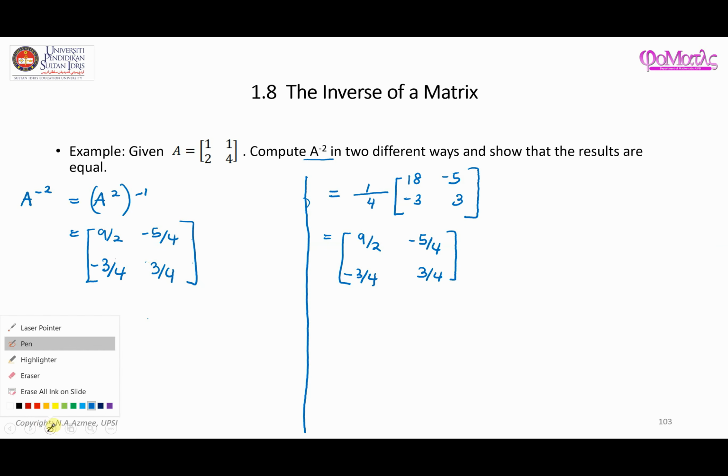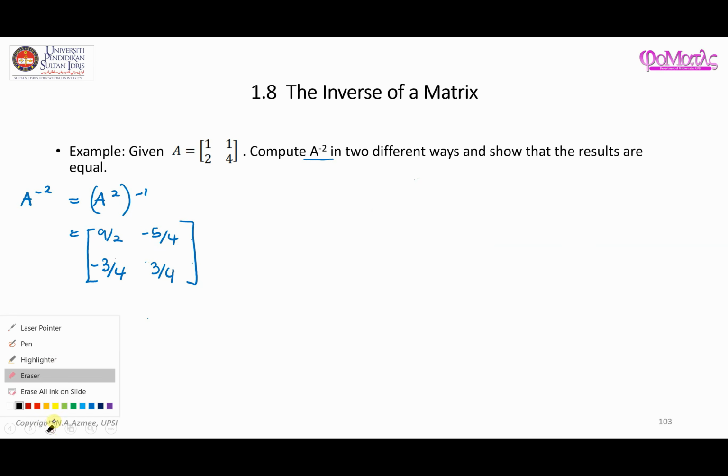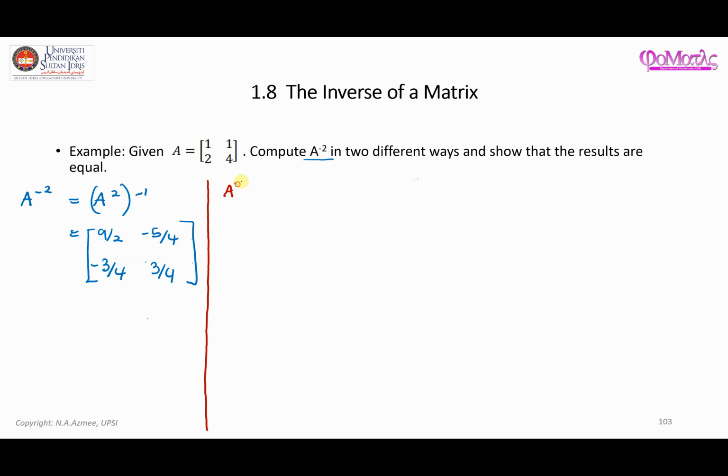And now our job is to show a different way of getting the result. So a different way would be to consider finding the inverse of this matrix, and then you multiply the result by itself.